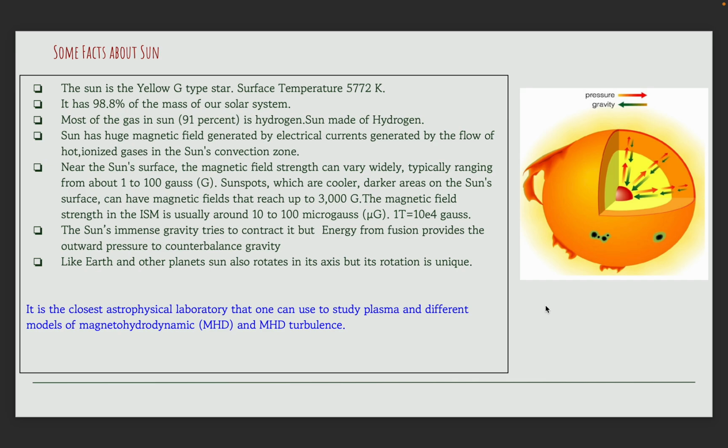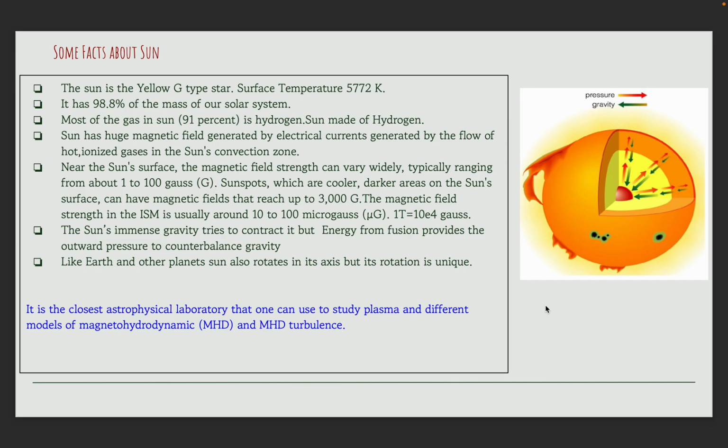The Sun has a huge magnetic field, which is generated by the electric currents produced by the flow of hot ionized gas in the Sun's convection zone. Near the Sun's surface, the magnetic field strength varies so much.